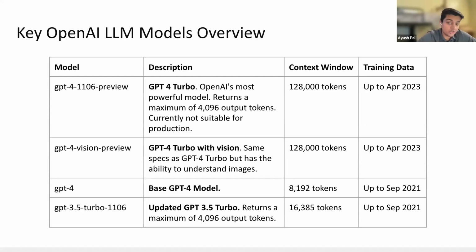And lastly, we have GPT 3.5 Turbo, which is what ChatGPT was powered by for a long time. GPT 3.5 Turbo provides the same output tokens as the GPT-4 Turbo, 4,096. But the input context window is a little bit smaller, 16,000, bigger than the base GPT-4 model, but less than the Turbo of GPT-4.